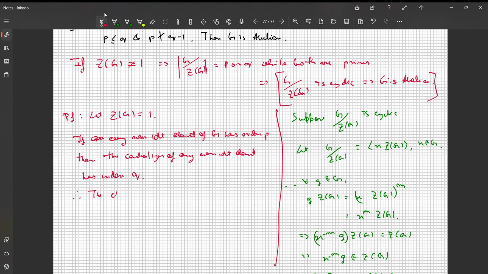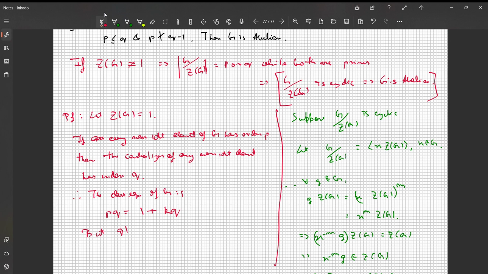Therefore, the class equation of G is: the order of G is PQ, the order of the center is 1, and suppose we have K number of centralizers, so you have KQ. So this is from the class equation. Clear?